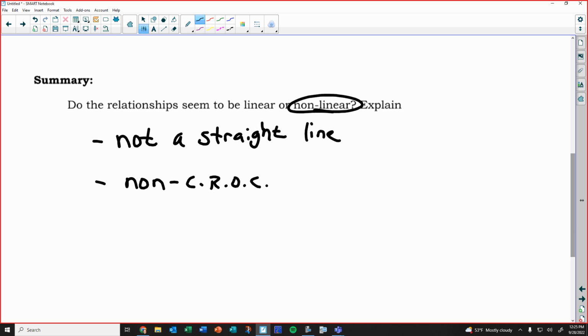Okay, the tables don't have any patterns. Remember, you always see the constant rate of change in a table. You can always tell the graph if it's linear or not by the straight line in a graph. So those two things can tell you if it's linear or non-linear. So this was obviously non-linear. Okay.